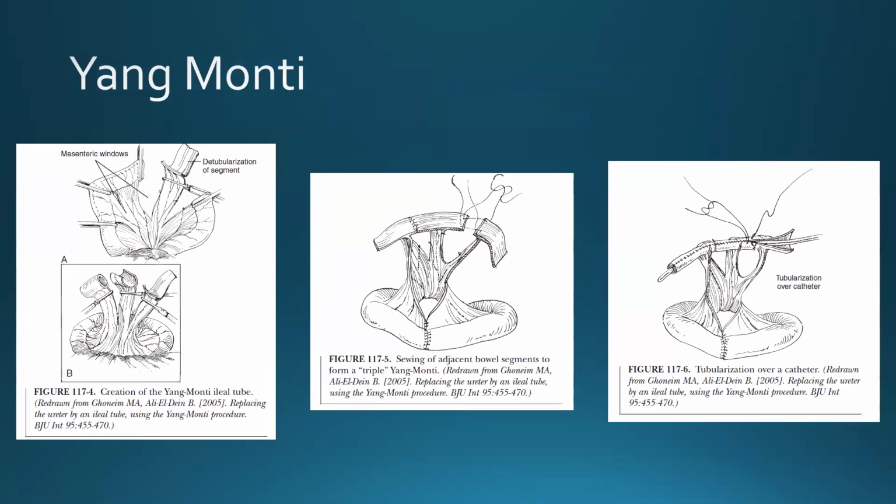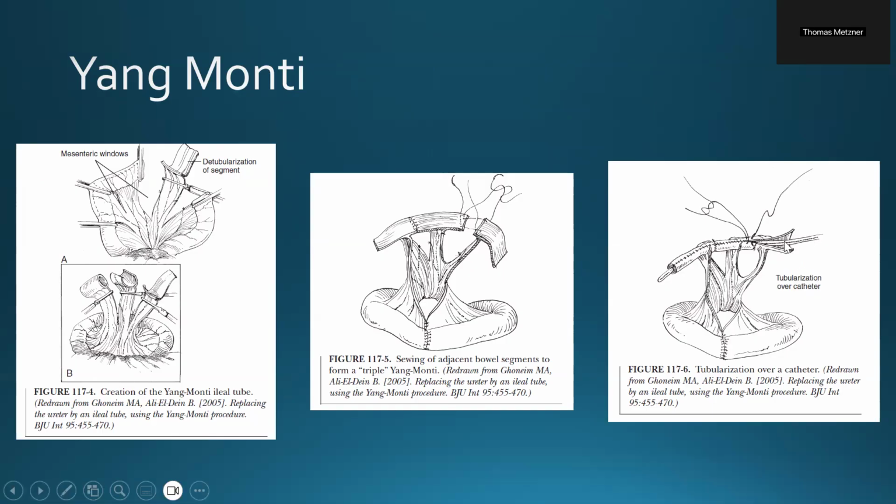The other is the Yang-Monti. With the Yang-Monti approach, a segment of bowel is maintained again on its mesenteric pedicle, and then it's essentially separated into three segments, and those three segments of bowel are retubularized into a segment that is more narrow than the bowel itself, and that's to, again, gain length.